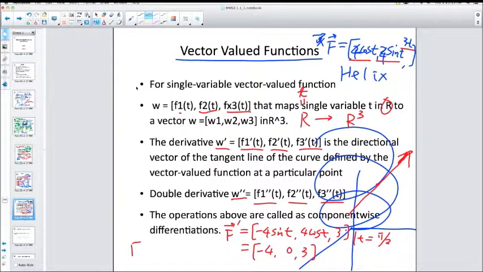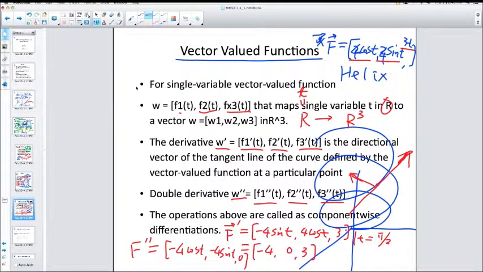Take the double derivative. You can do it again. It's going to be negative 4 cosine t, negative 4 sine t, and 0. And this represents the centripetal force. Double derivative times the mass in Newton's law is the force.